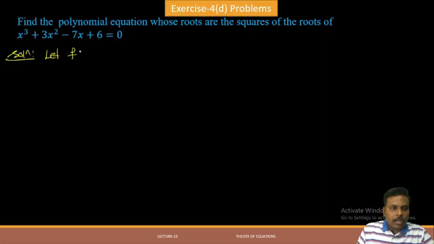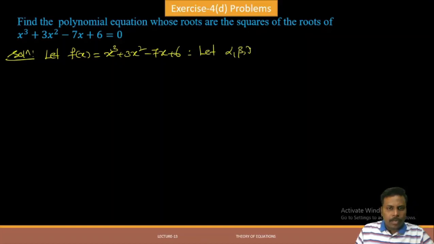Let f of x is equal to x cube plus 3x square minus 7x plus 6. Okay, let alpha, beta, gamma be the roots of f of x is equal to 0.